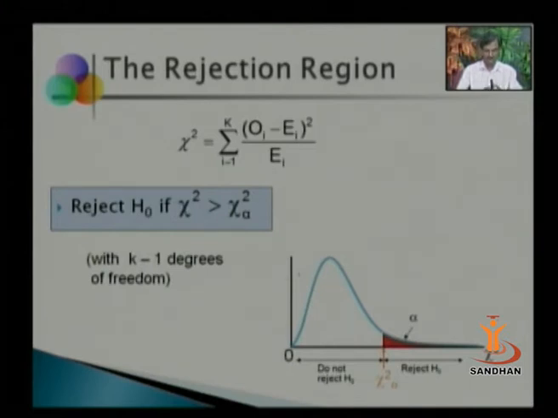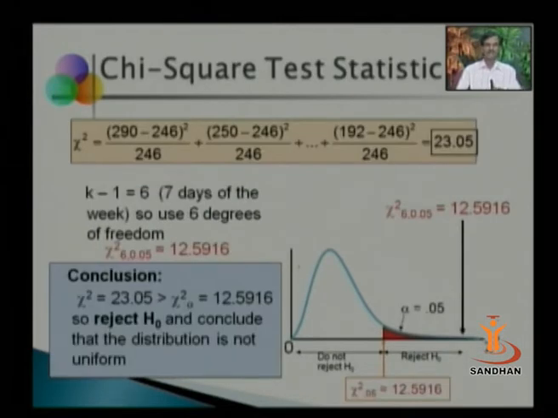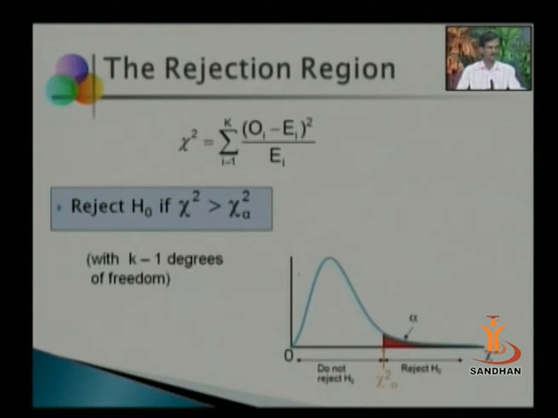So the entire chi-square region is classified into two categories. One is called the rejection region, that is the red part, and the other is the acceptance region, that means where we accept the hypothesis. By using the test statistic, summation of (Oi minus Ei) square upon Ei, with i from 1 to k.